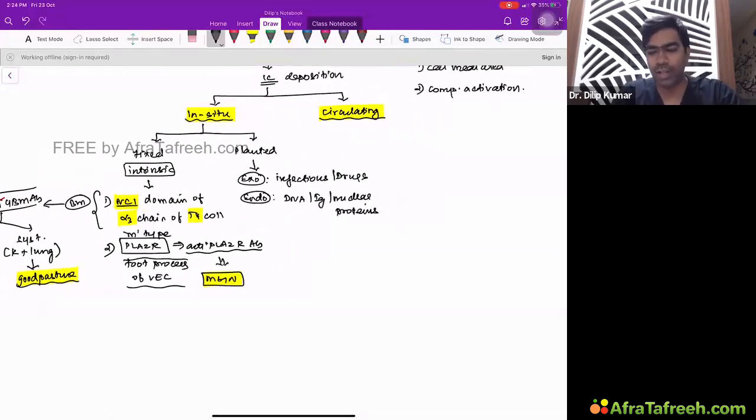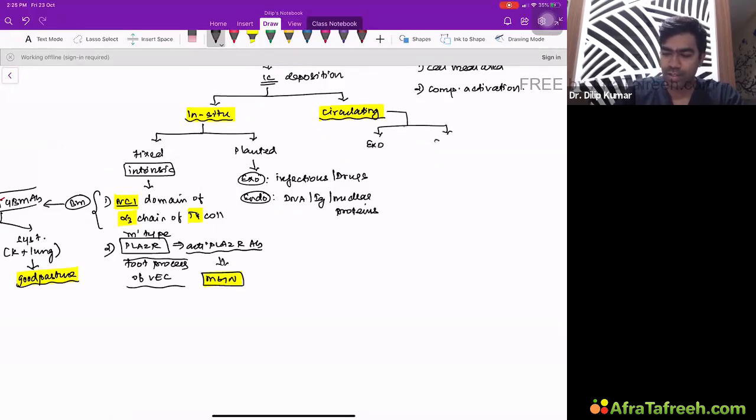Then coming to circulating antigens, or circulating immune complex deposition. Once again, I can split it into exogenous immune complexes and endogenous immune complexes. As far as exogenous is concerned, once again infections are very common, and it could be drugs, or circulating immune complexes can be formed by DNA and tumor antigens.